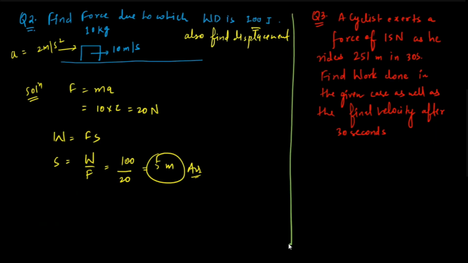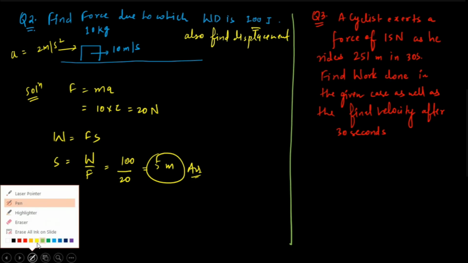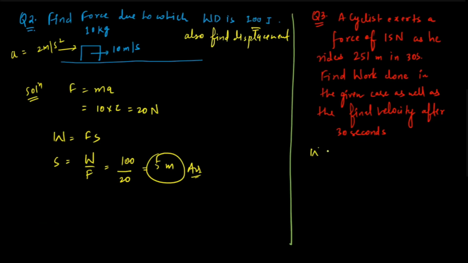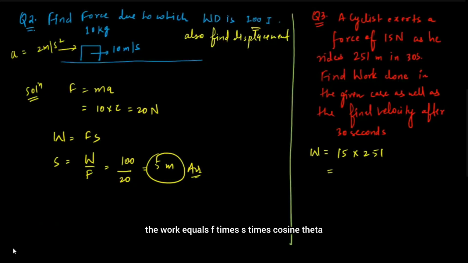Okay, I got the work done is 3,765 joules. How did you find it? I used work equals F times S times cosine theta. So it is going to be 15 times 251, which is 3,765.